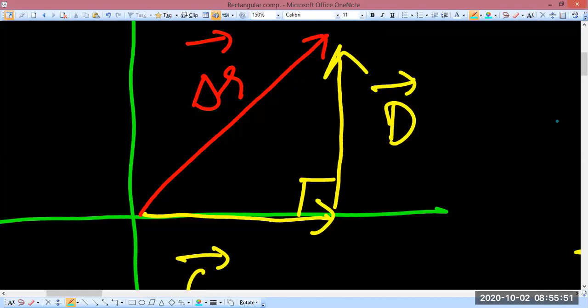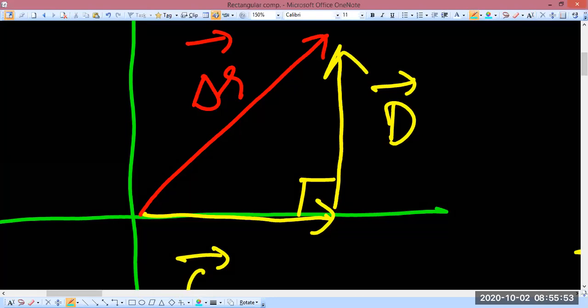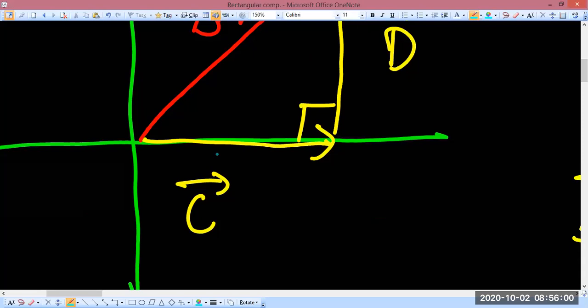So look at C vector, right? Look at C vector. Actually C vector is 30 meter in length.